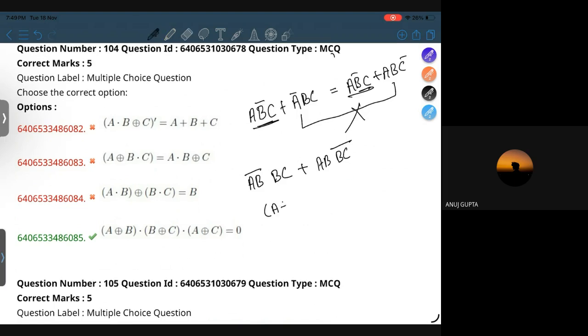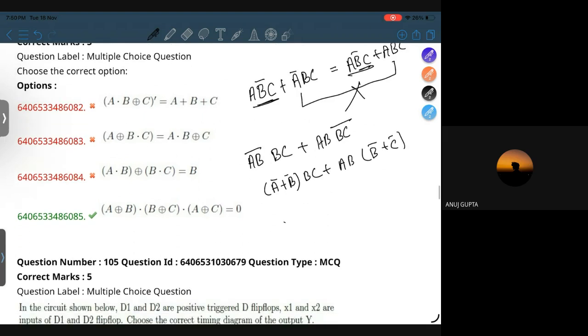That will be (A plus B and B complement becomes C) plus (A B and B complement plus C complement). So this will be A complement B C plus this will be zero, A B C complement. Yes, A B C complement. So it doesn't match.